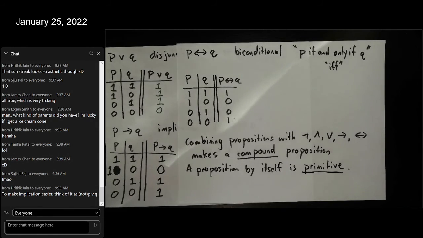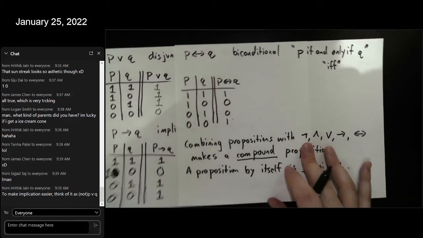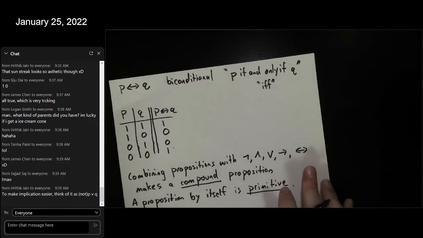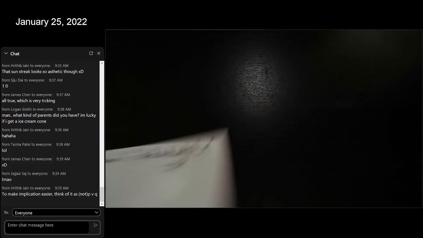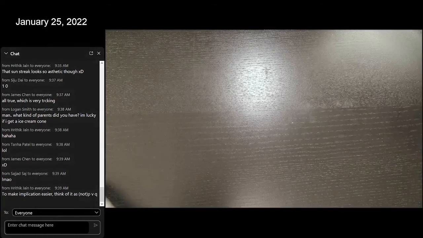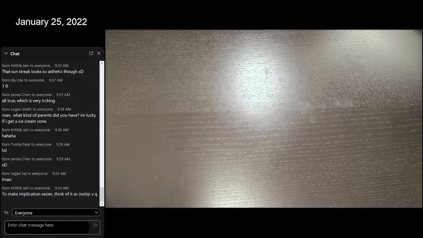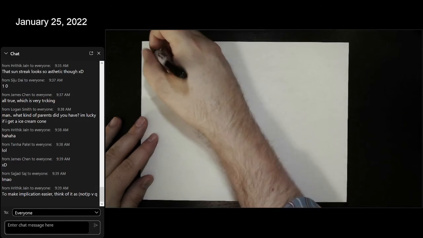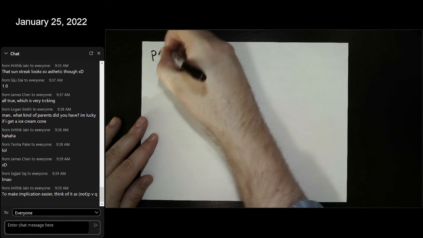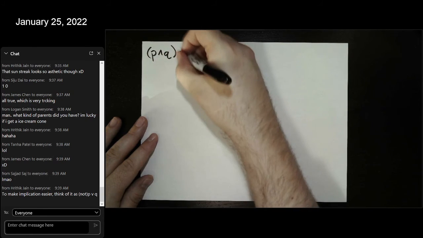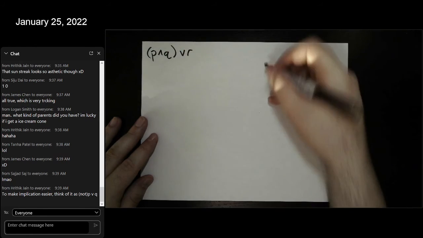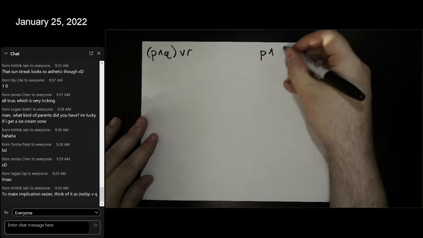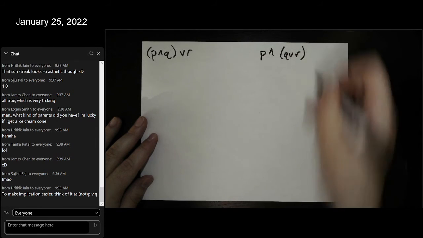Okay. So one last thing I want to do in class today is look at two different compound statements. One of them is (P and Q) or R, and the other one is P and (Q or R).